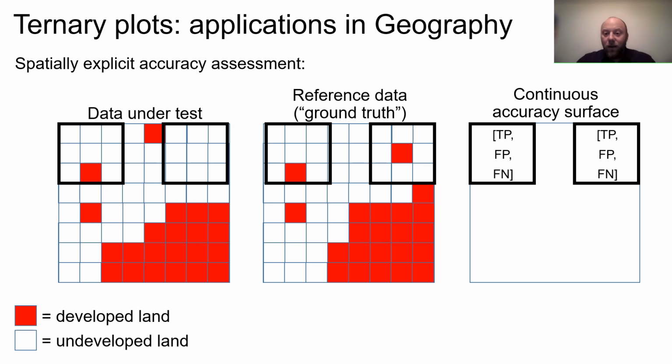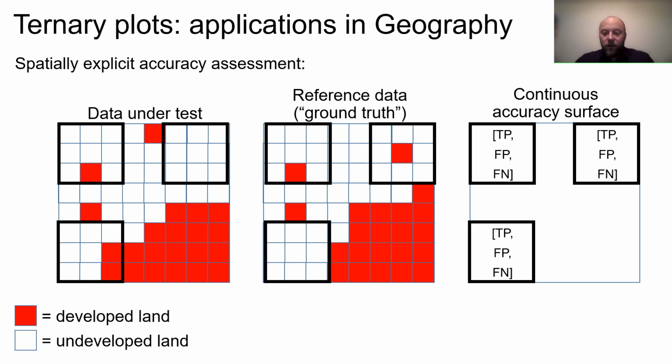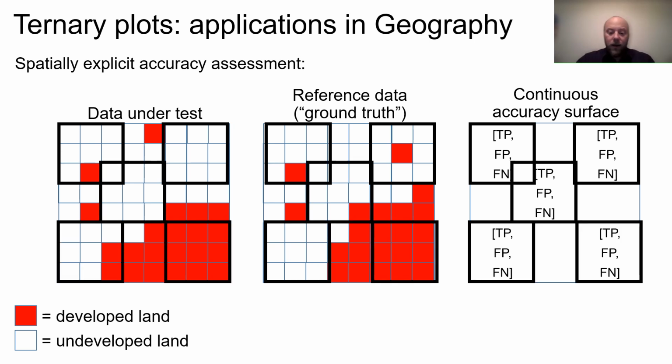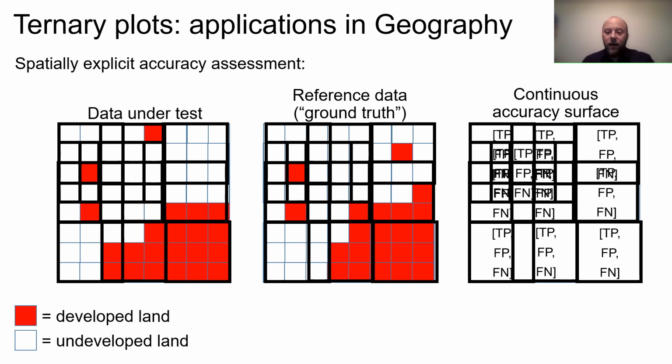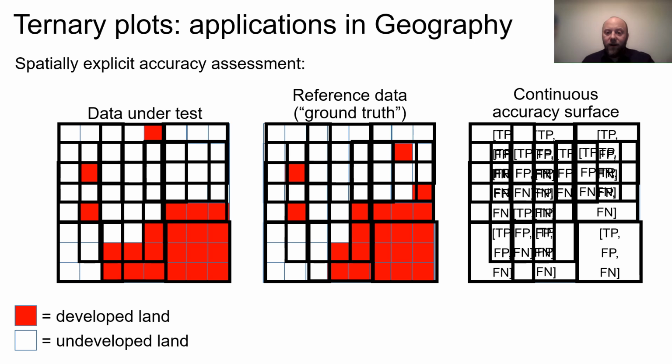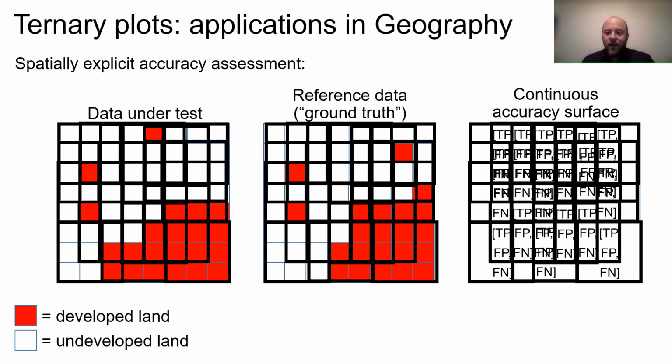So we come up with a precision, recall and F1 score for this window and for each of these windows. And we really do this in a convolutional manner. So we convolve this moving window across our whole study area. And this does not look very nice, but it just illustrates what we do.